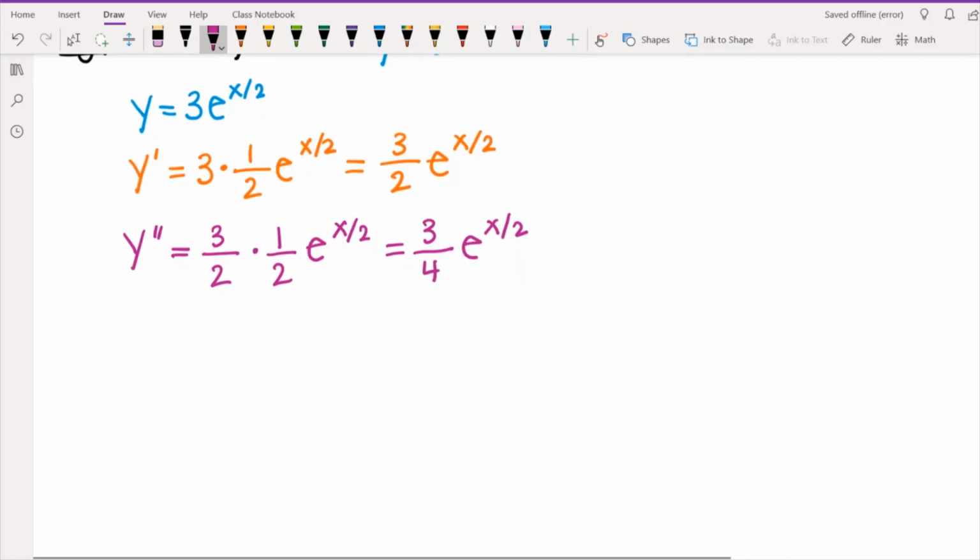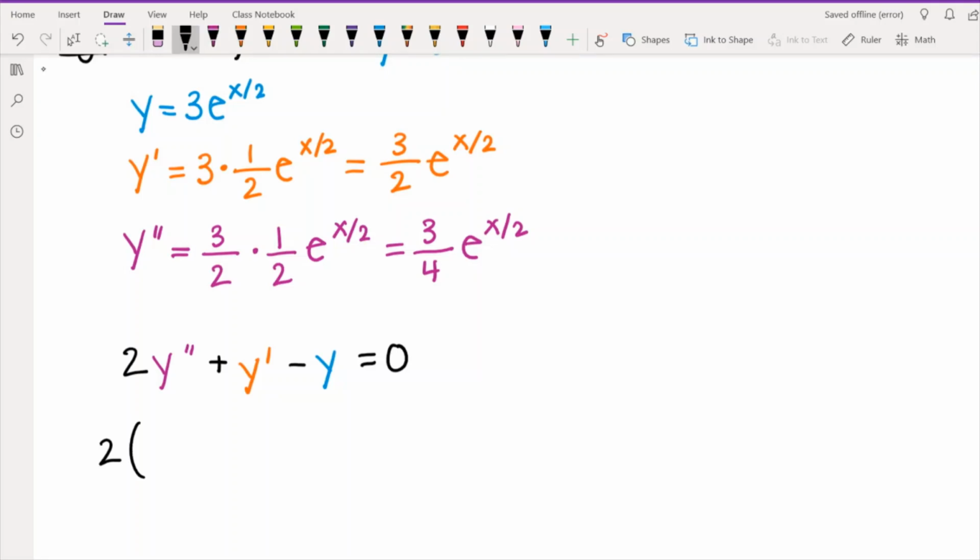So let's plug that into our original differential equation. The differential equation again was 2 times y double prime plus y prime minus y is equal to 0. We first plug in our y double prime, so that's 3/4 e to the x over 2.